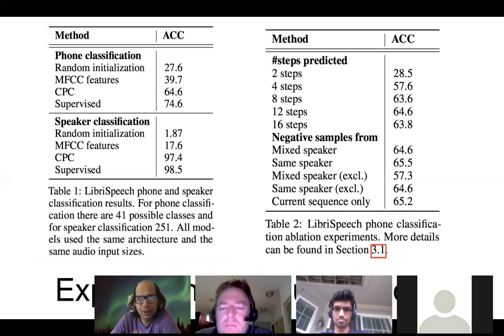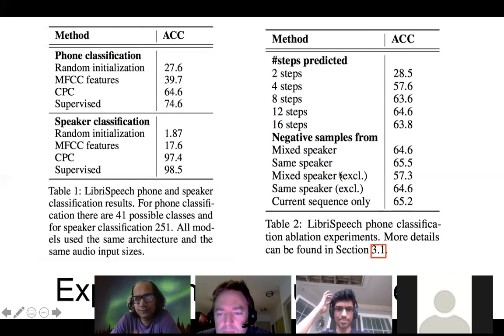Same speaker, they just took samples from the same speakers. And mixed speakers excluding means they are taking negative samples from all the different speakers except the current one.